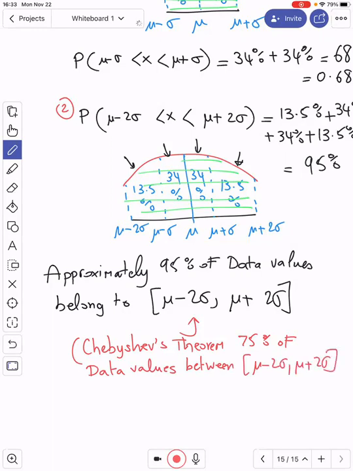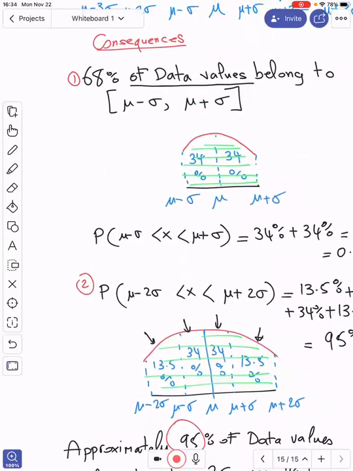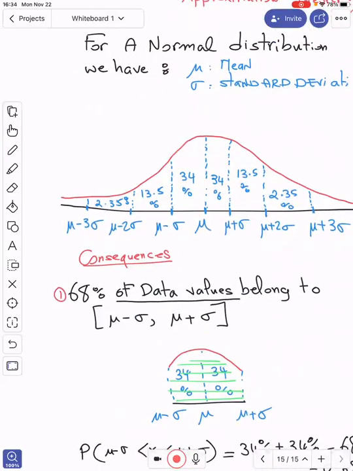And here it's much better than 75%. It's actually 95% of the data values between mu minus 2 sigma and mu plus 2 sigma, right? Of course, you can do the same thing for mu minus 3 sigma, mu plus 3 sigma, etc.